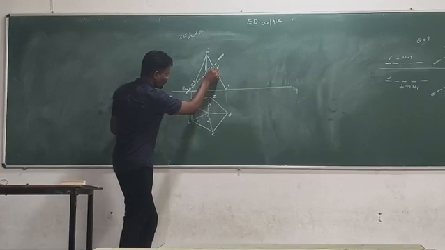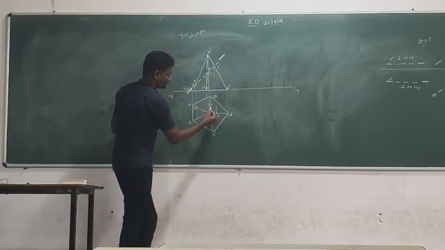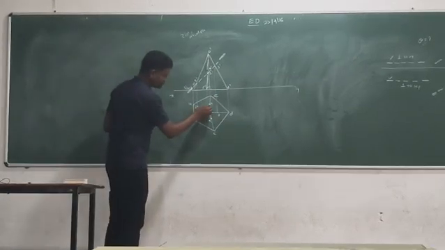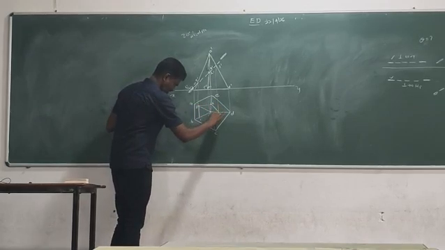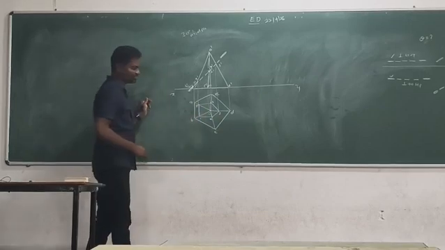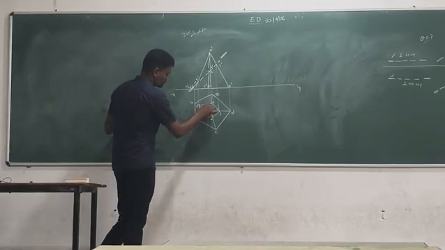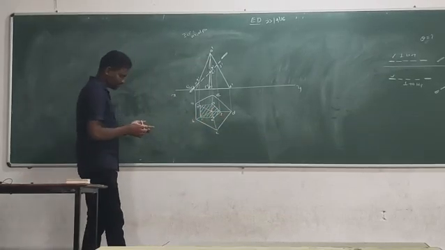Now 3. Join all the points. This is our section view. Okay. Then what are the things we need to highlight?